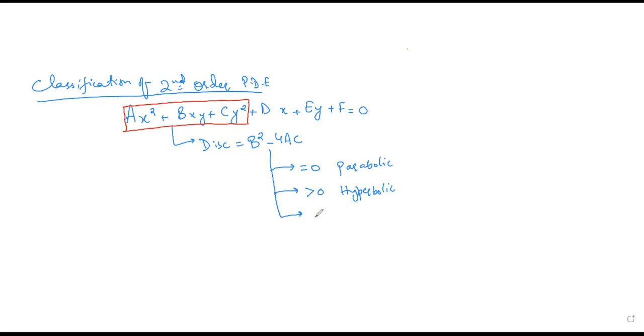Similarly, if the value of the discriminant is less than 0, you can say the equation is elliptic. So basically, we have these three conditions of the discriminant: if the discriminant is 0, the equation is parabolic; for greater than 0, hyperbolic; and for less than 0, elliptic.